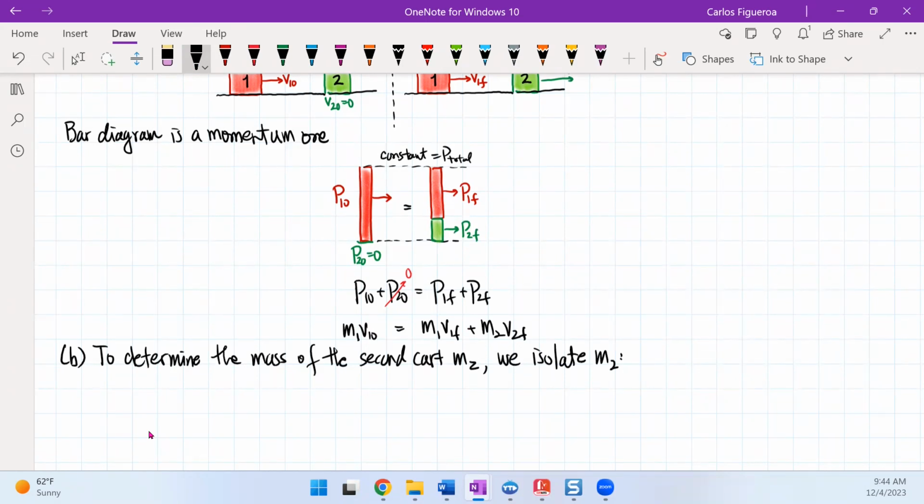So I'm going to start with the process where I'm going to isolate M2 V2 final, and then I'm going to bring M1 V1 final to the other side. So this will be M1 V1 initial minus M1 V1 final. Then I'm going to isolate the mass.